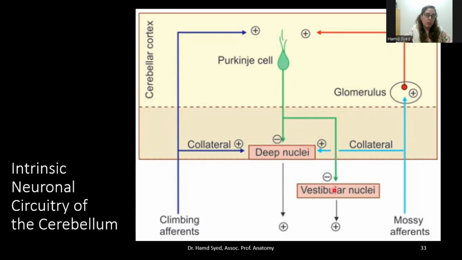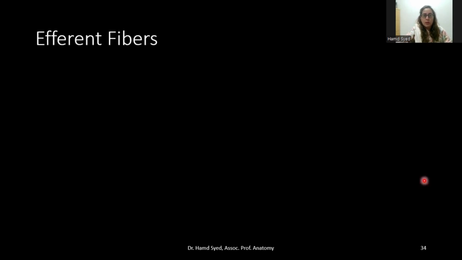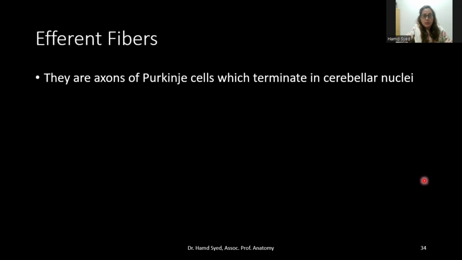Whereas a few axons of the Purkinje cell will pass without synapsing on deeper nuclei. They're going directly to the vestibular nuclei in the brainstem and having their inhibitory effect there. So the vestibular nuclei, according to some histologists, might be considered as the displaced nuclei of the cerebellum. Okay, so the efferent fibers, let's summarize.